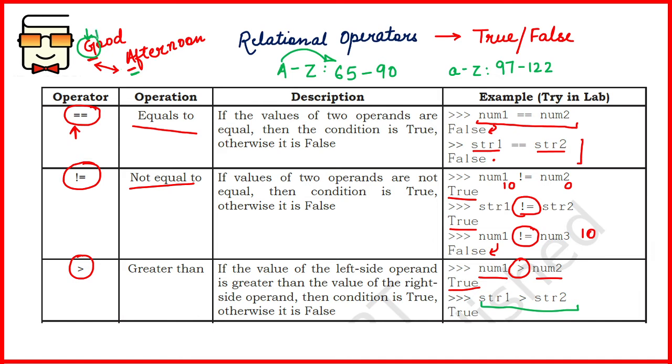That means the second corresponding characters would have been compared and the decision would have been made on those characters.